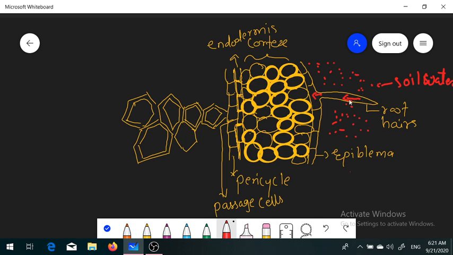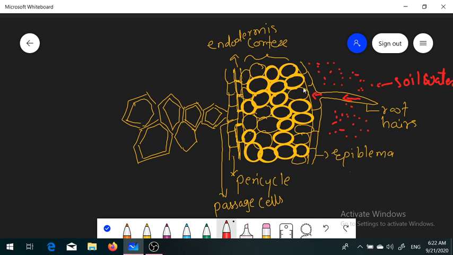In a simple way, the soil water is a low concentrated solution, and the cell sap of these root hairs is a high concentrated solution. The plasma membrane lies between these two solutions, so due to that, water moves from the low concentrated solution to the high concentrated solution.